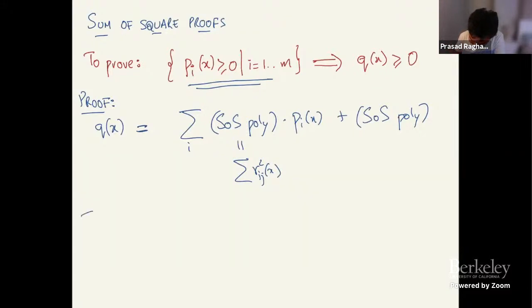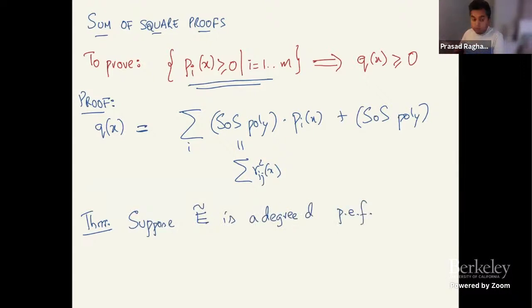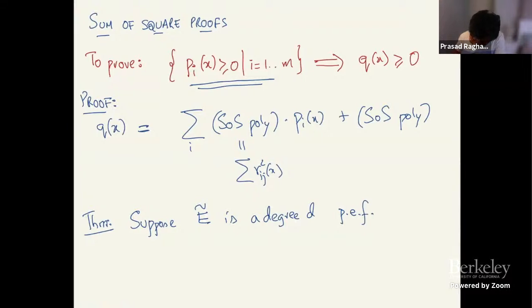Here's the theorem: suppose E tilde is a degree D pseudo expectation functional, the output of a degree D sum of squares SDP, then E tilde of q of x is greater than or equal to 0.